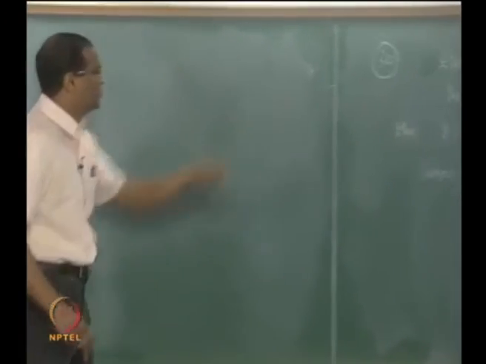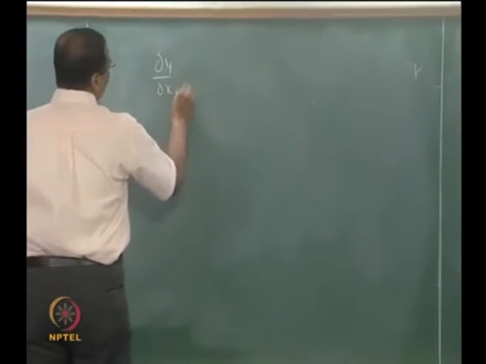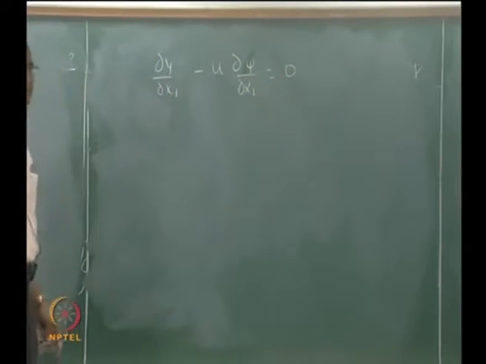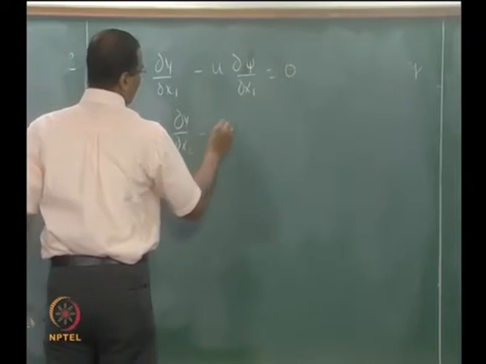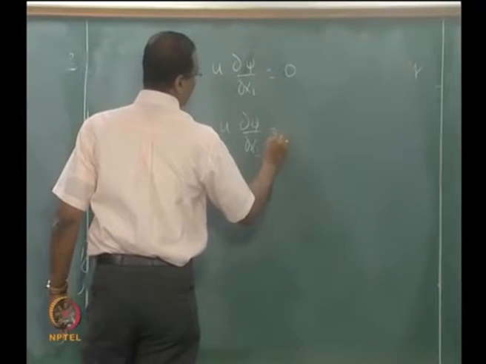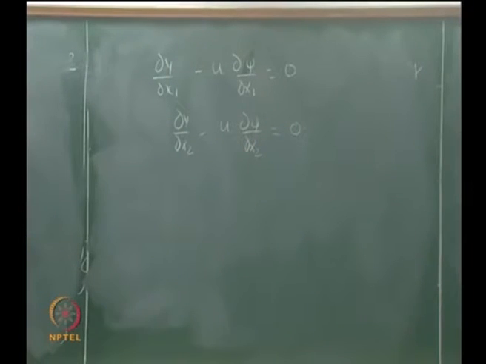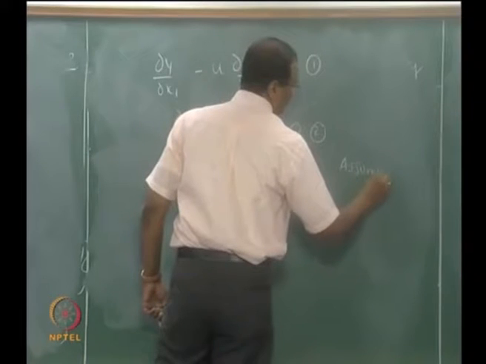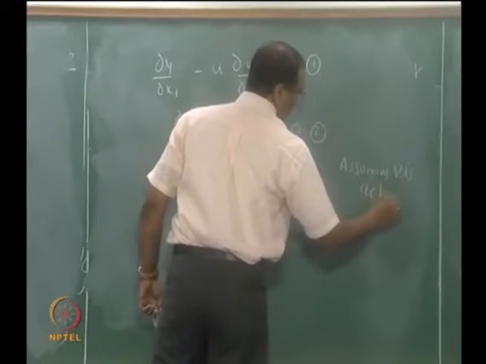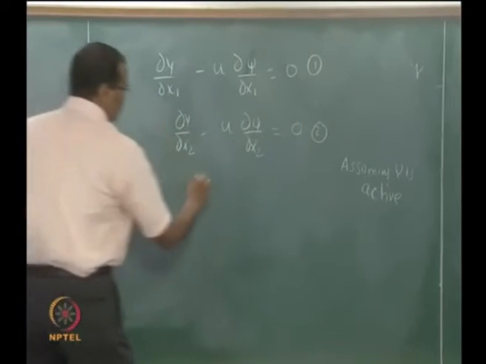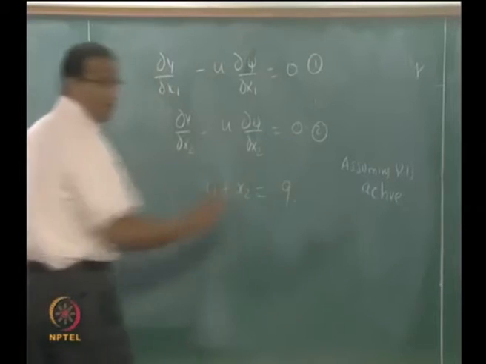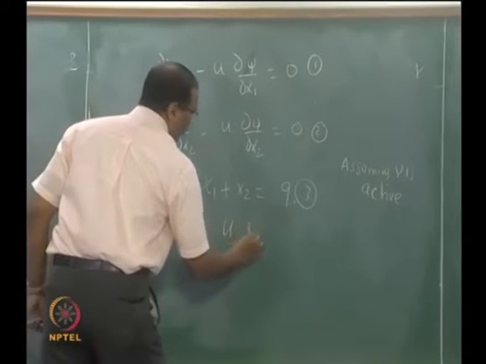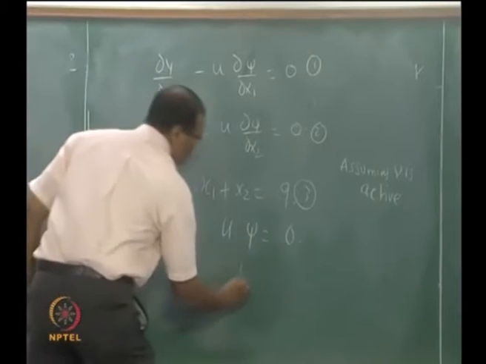Let us start with the KTC for this. Now, assuming psi is active, this will be equation 3, then u into psi equal to 0, u greater than or equal to 0.